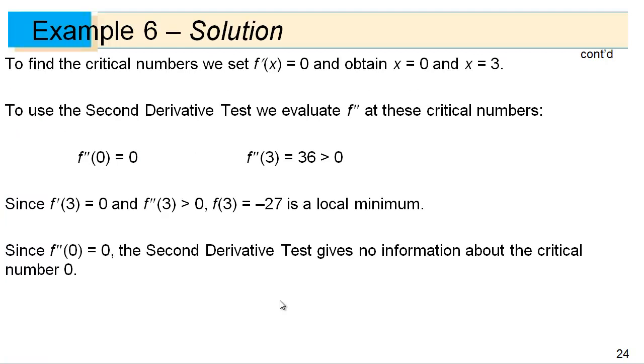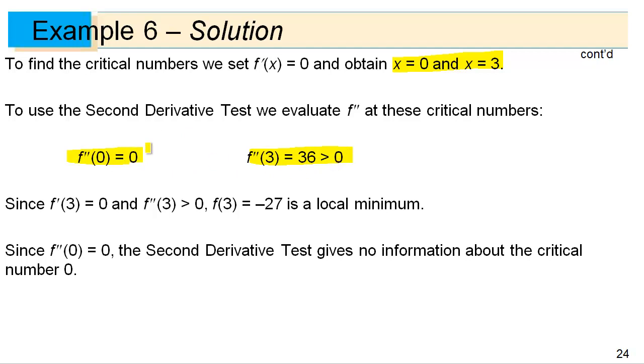All right, now what do we do with those numbers? Well, the next thing we want to do is figure out what's happening around those numbers. Now we can use the second derivative test to figure out concavity, which will tell us whether the things we're dealing with are minimums and maximums. So the two critical values we got from the first derivative, if we now plug those into the second derivative, we get 0 and 36.